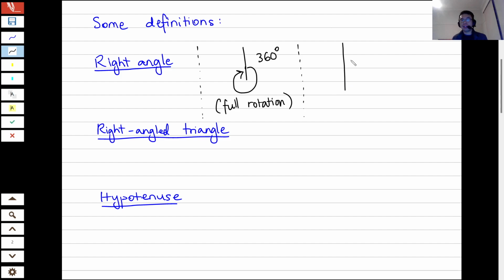If, on the other hand, I started somewhere and faced the opposite direction to where I started, this would constitute half of 360, which is 180 degrees. So this is a half rotation.